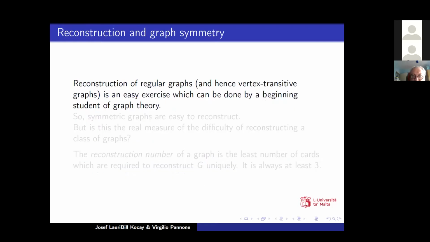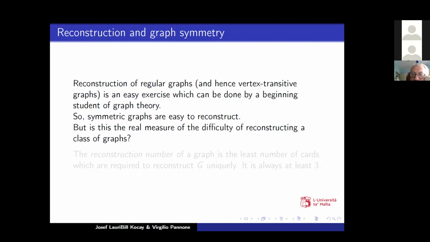Reconstruction and graph symmetry. Okay, let's consider this first. For a vertex transitive graph, or in fact a regular graph, it's an easy exercise to show that they are reconstructible. It's an elementary exercise for a beginning student of graph theory, but I will come back to it. So symmetric graphs are easy to reconstruct.